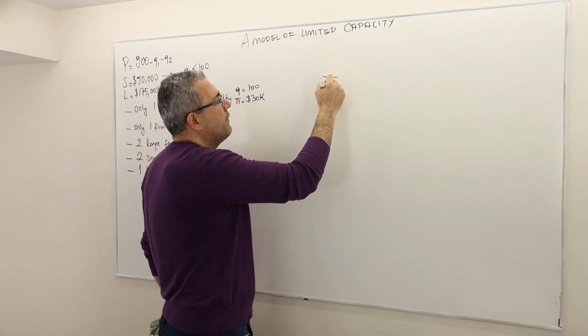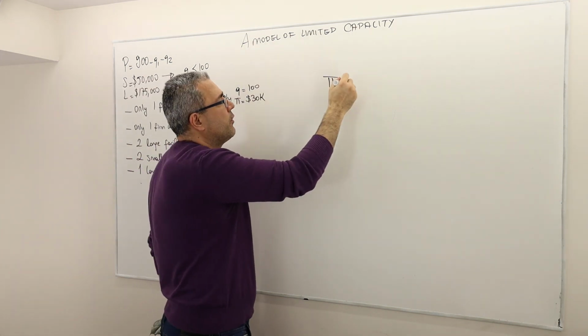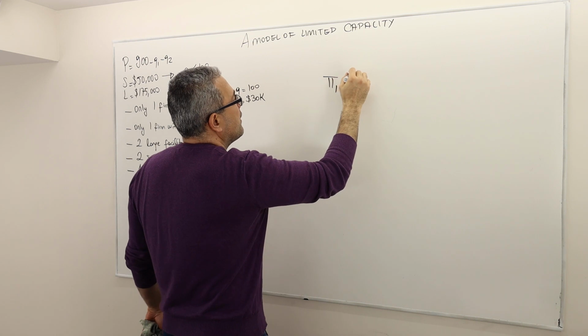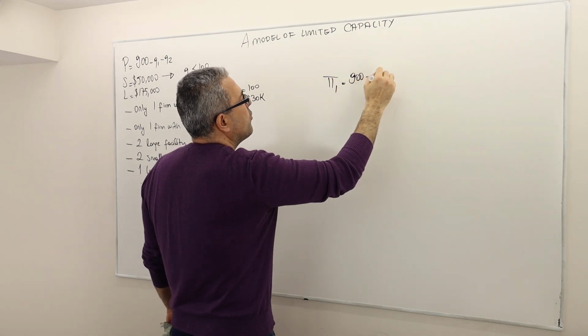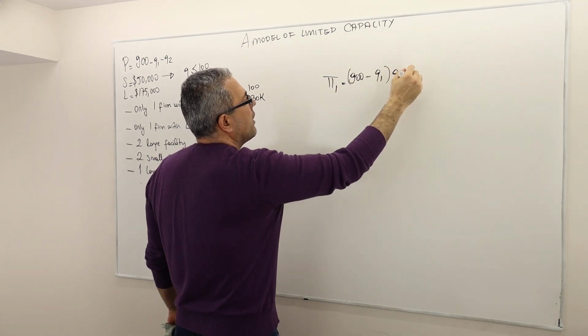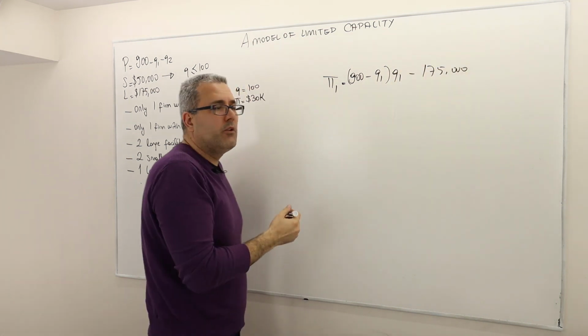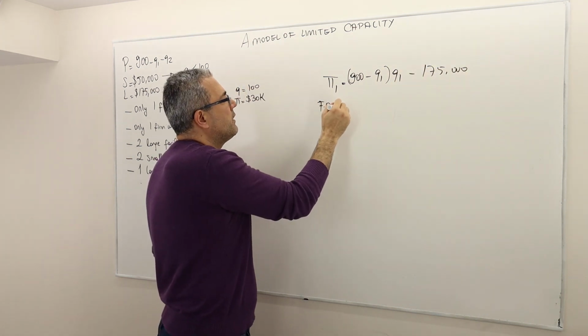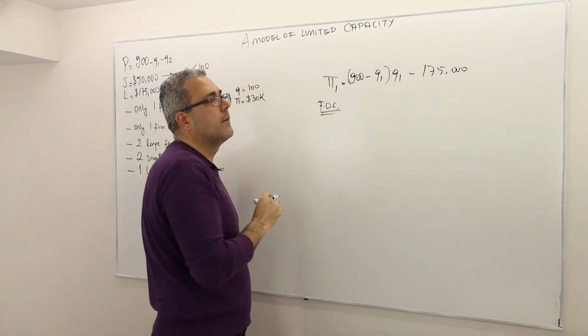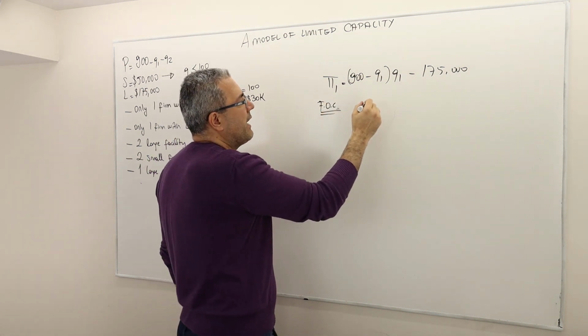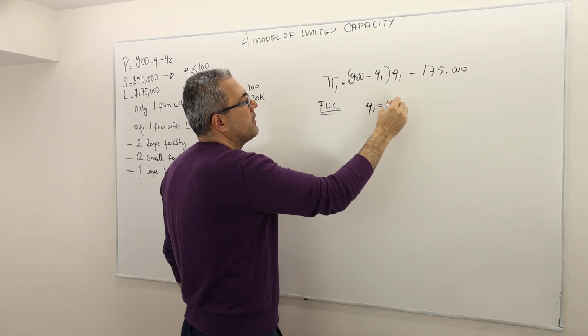The profit of firm 1 is equal to price 900 minus Q1, there's no Q2, times Q1, minus $175,000. The first order conditions, there's no S, are going to give you again Q1 equals 450.